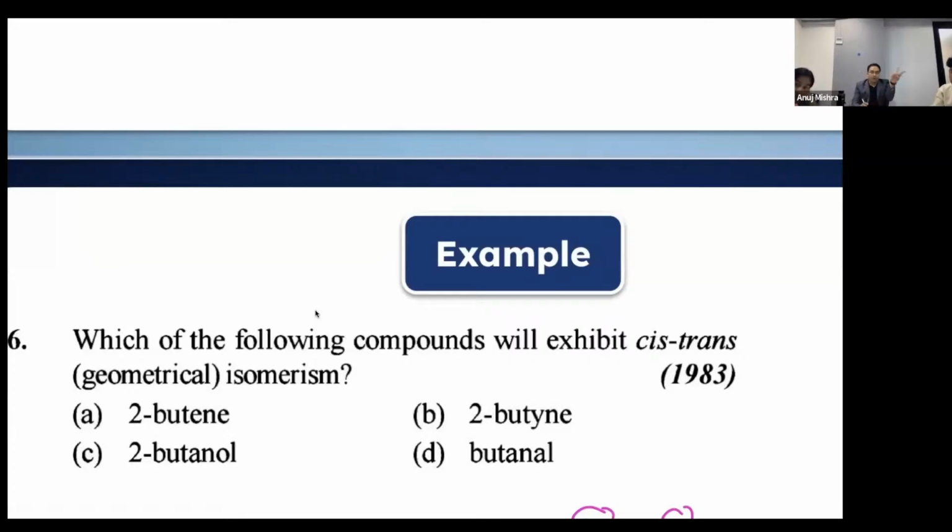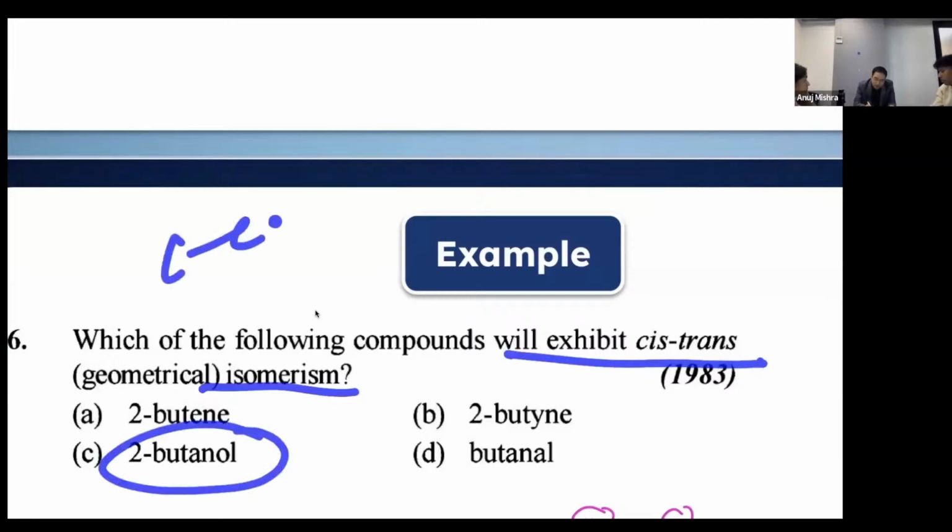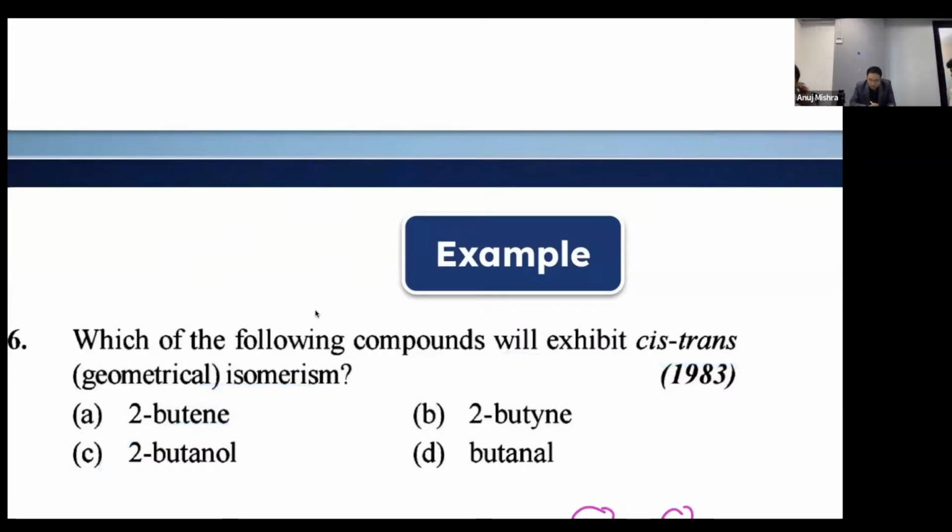So these groups on one carbon and the other carbon can match, but on the same carbon they should be different groups. Okay? Will you be able to do it? How will C show? It is 2-butanol, that cannot happen. Only D is there. How will D show? It is butanol.